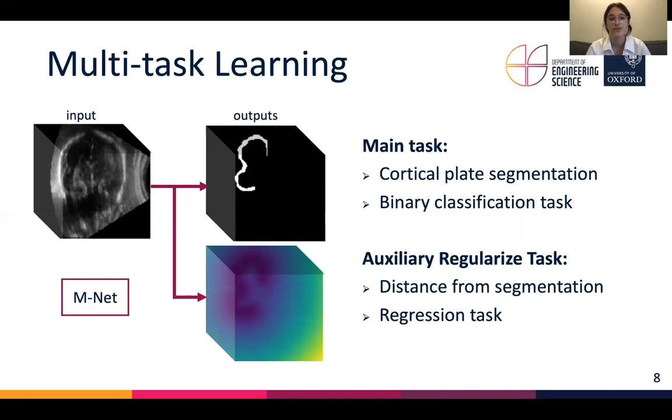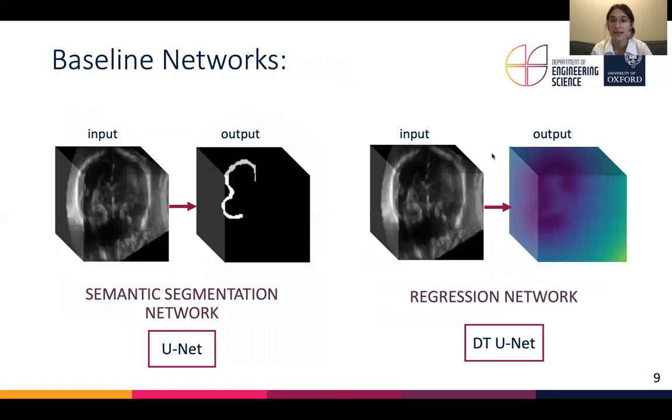We chose this task as depth is extremely important to the cortical plate anyway, and across gestational age this depth will vary so much, but we thought by forcing it to learn depth information, it would aid the segmentation of the challenging cortical plate structure. So that was our MNet.